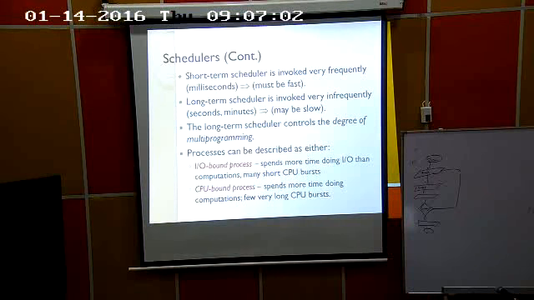The short-term scheduler is invoked very frequently, while the long-term scheduler is invoked infrequently, based on minutes or seconds. It controls multi-programming. Multi-programming is described as either I/O bound processes, which spend more time doing input-output, or CPU bound processes, which spend more time doing computation.